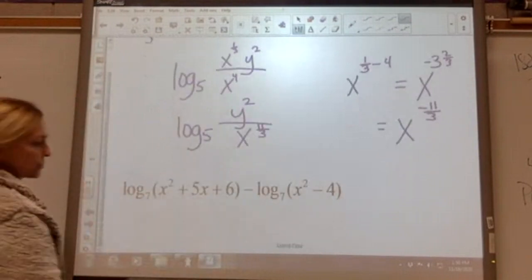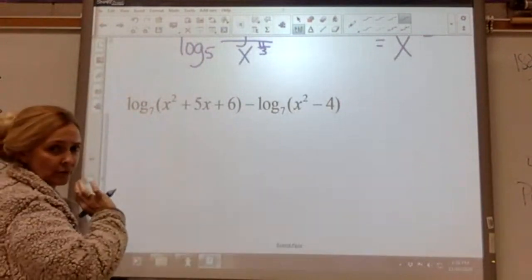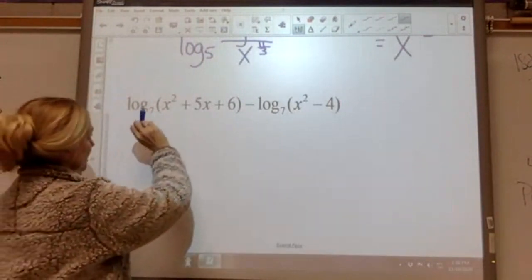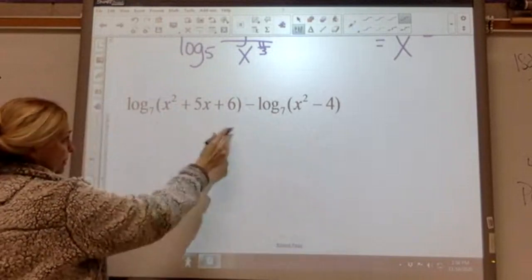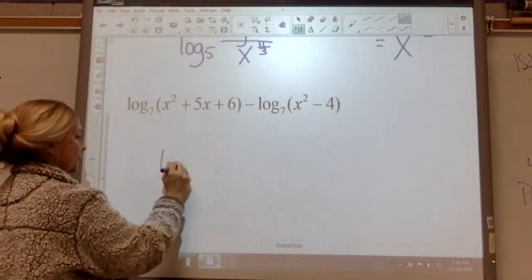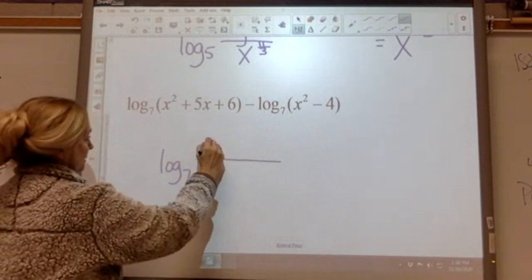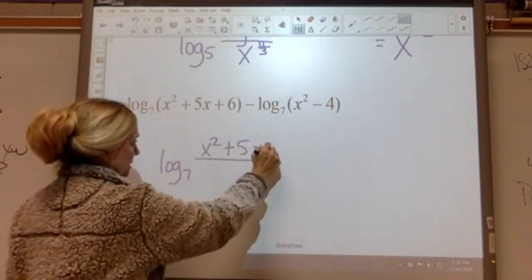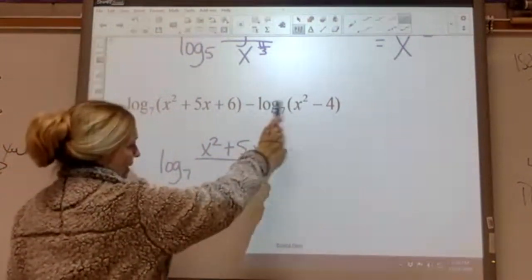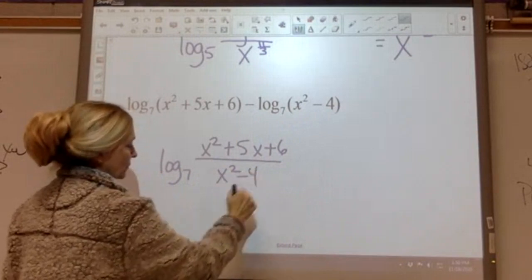Okay. Now this last one, this is where we're really going to be headed as we get towards solving equations. But we have a log of something minus a log of something. So they both have log base 7, so I write log base 7. And then I have, this is positive, so all this goes in the numerator, x squared plus 5x plus 6. This is the minus, which means this goes in the denominator, x squared minus 4.